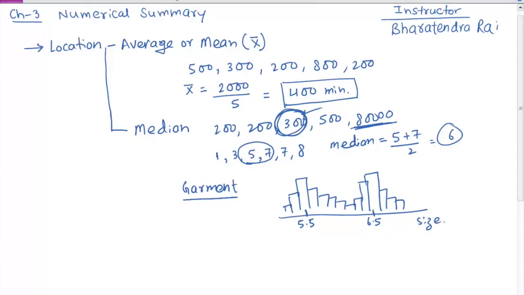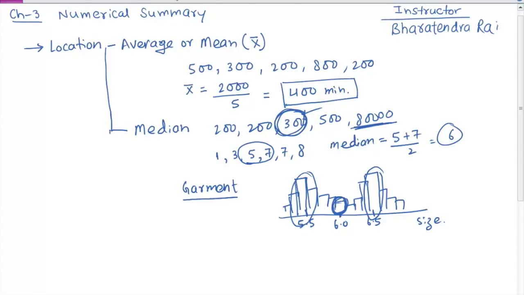If you take the average of this data, your average will be somewhere in the middle at about 6. If you use the average and decide to make only that many clothes of this size, it will not sell because there is not much demand here. Maximum demand is at 5.5 and 6.5, so they should actually be making more of these two instead of 6.